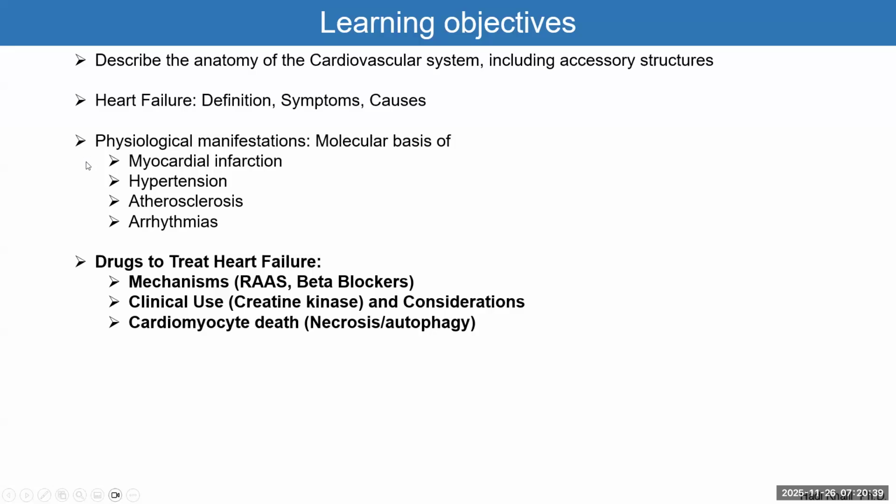So we kind of touched on the molecular basis or the physiological manifestations in general, what causes a myocardial infarction or an increase in the pressure or atherosclerosis or arrhythmia, without going too much into the anatomy and the system biology between different organs.